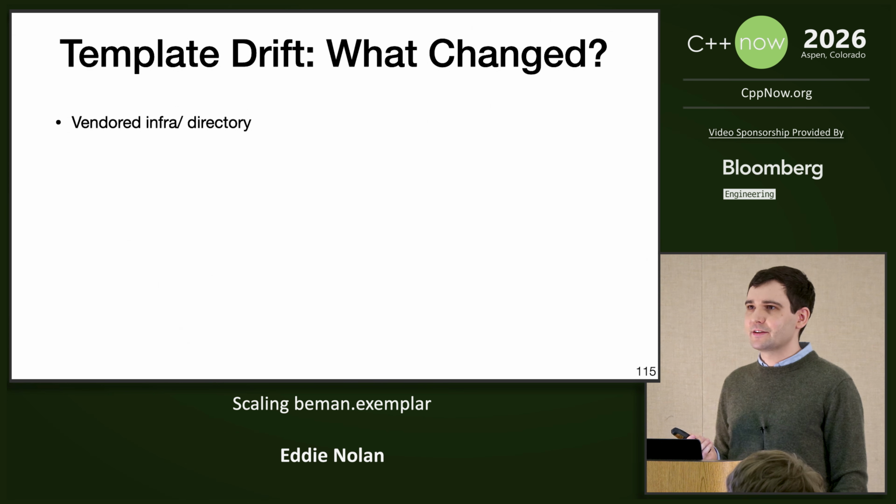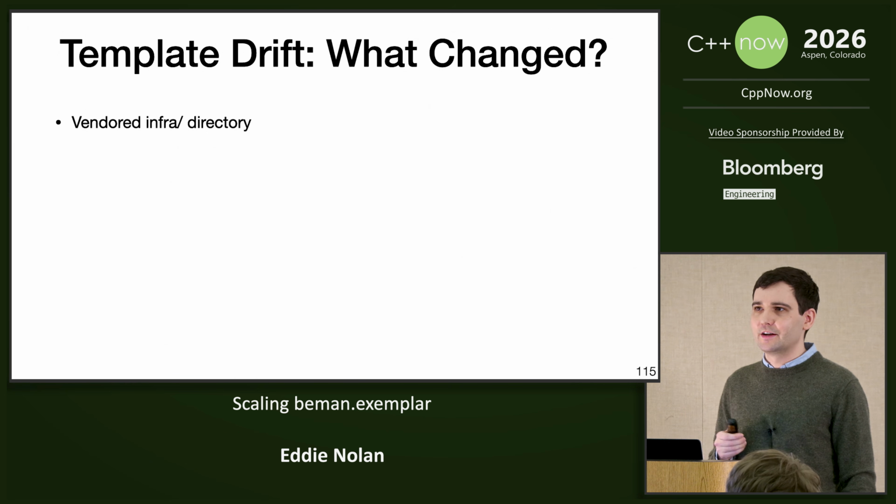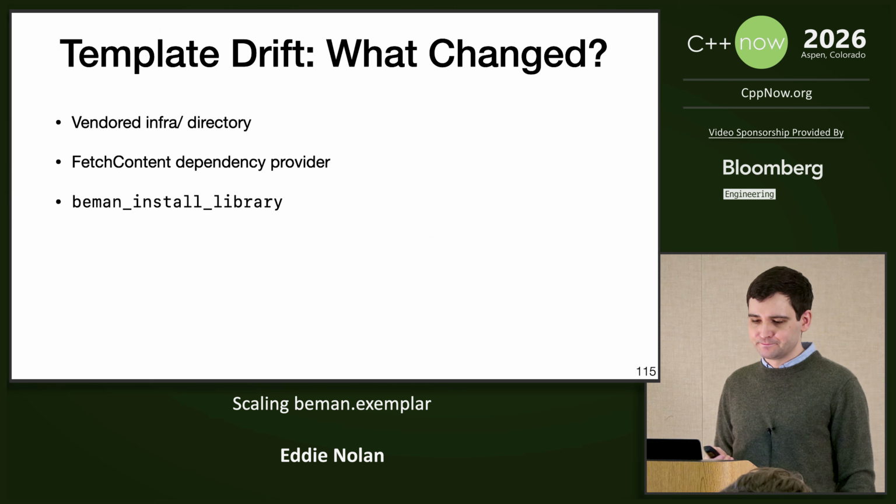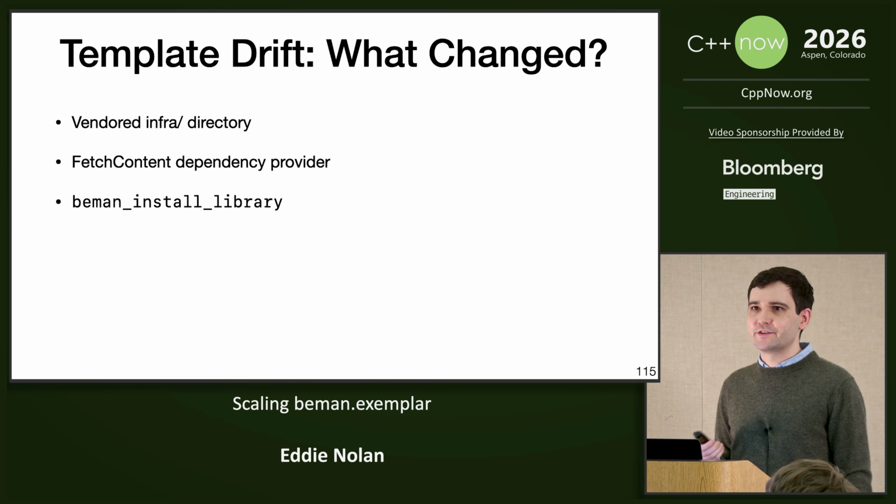The infra directory didn't used to have this whole mechanism. We just used to have like a CMake directory where we had copy-pasted toolchain files. We used to have raw calls to fetch content. Those needed to be propagated when we made the change to exemplar to use find package instead. The beman install library duplicating the installation logic.